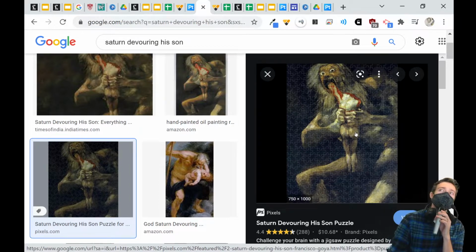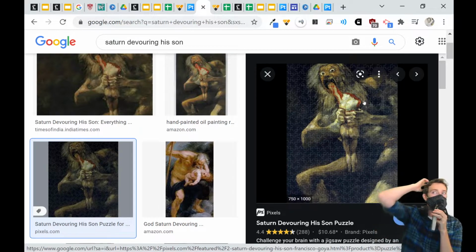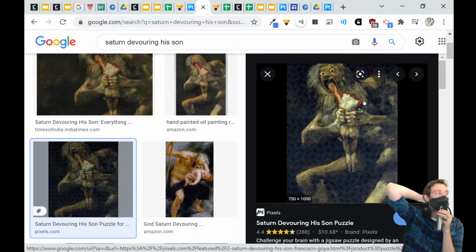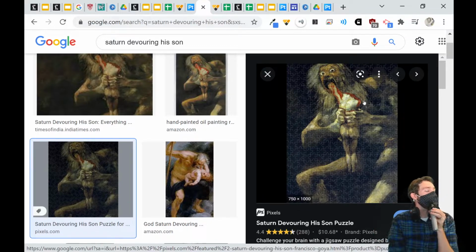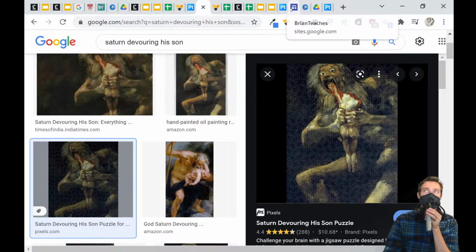And here's one of those pictures. It's actually a pretty terrifying picture, but it is famous. Here's him chomping down on one of his kids. He didn't catch Zeus. Zeus ended up coming back to Olympus and taking over and putting an end to Saturn.